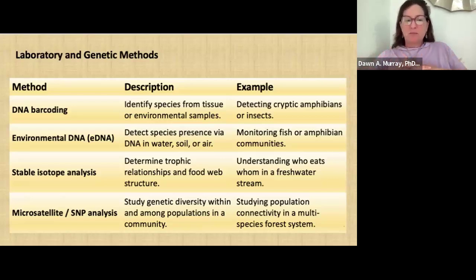Another method in this grouping is stable isotope analysis. So this helps you determine trophic relationships and food web structures. You can measure ratios of naturally occurring stable isotopes like carbon, nitrogen, oxygen, hydrogen, and you can determine geographic origin of a species' diet, maybe their migration history of individuals or animals with stable isotope analysis.